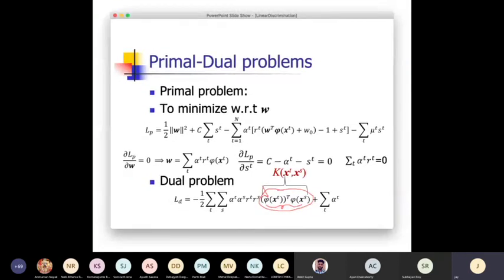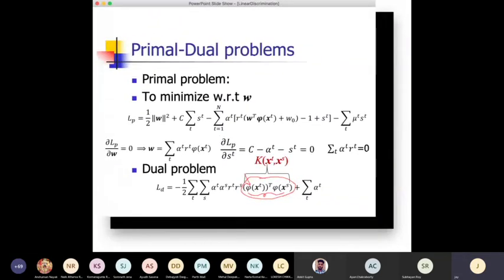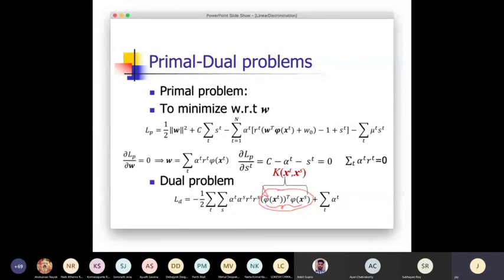So instead of performing the nonlinear transformation, I will directly compute a function which we call the kernel function. If you remember, we used this term kernel when we discussed the non-parametric methods of Bayesian inferencing, particularly k nearest neighbor classification. It's the same concept of kernel that we are using here also.